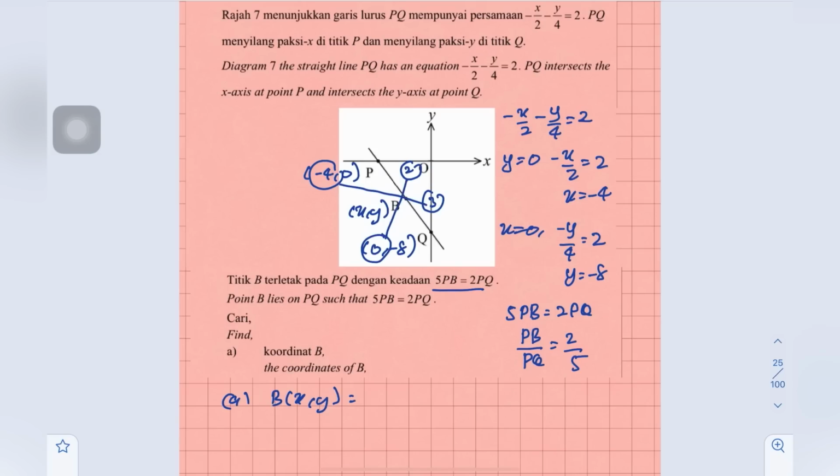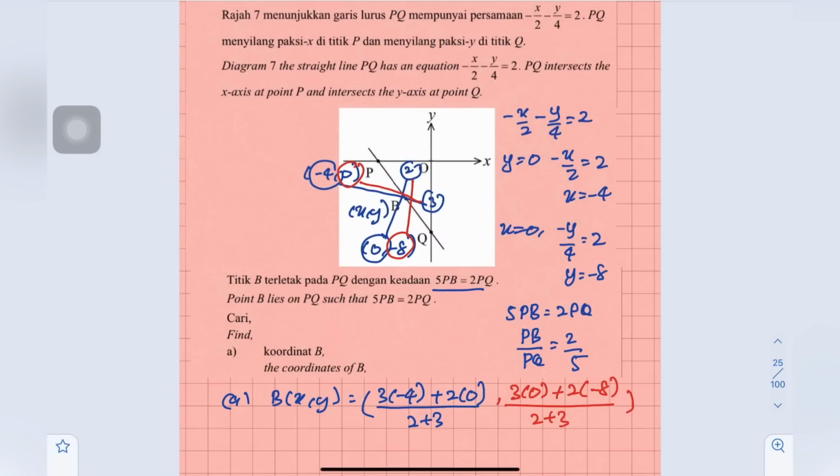Cross. Okay, so now 3 times negative 4 plus 2 times 0 over the ratio is 2 plus 3. Okay, so then coordinate Y, again cross. So kita dapat 3 times 0 plus 2 times negative 8 over 2 plus 3.